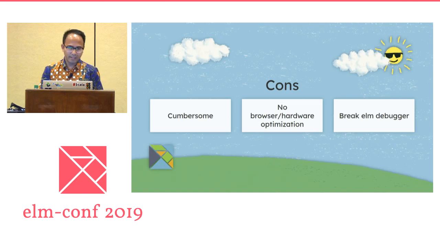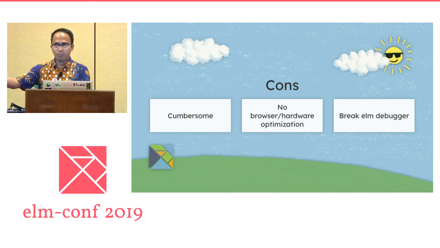And we can't use the browser optimization in this case. The reason is that the browser doesn't know what's going to happen in the future with your animation, because you basically tell the browser to do this every tick.